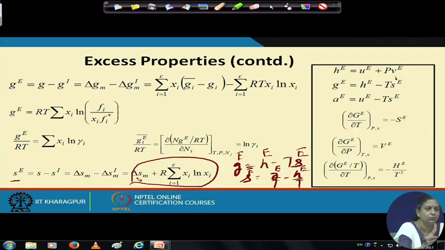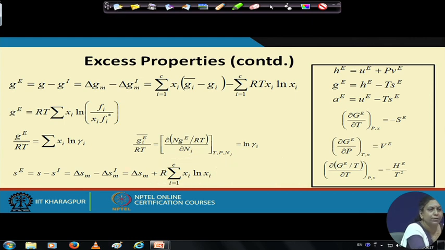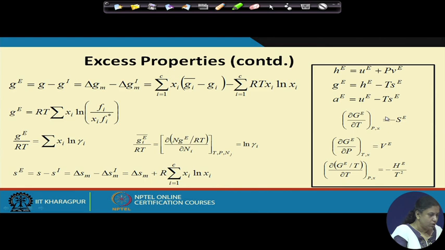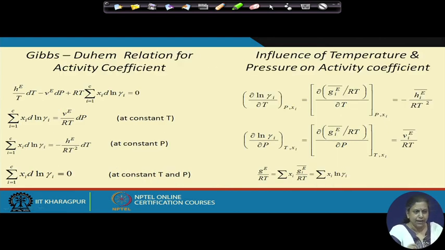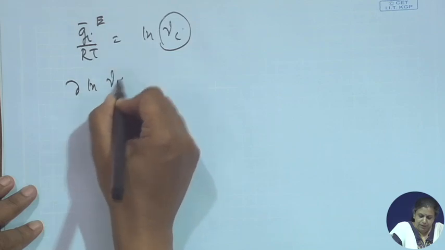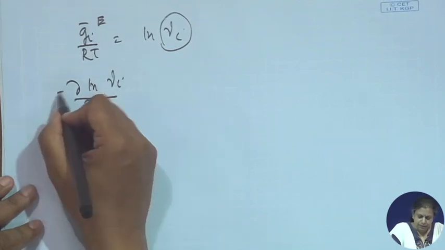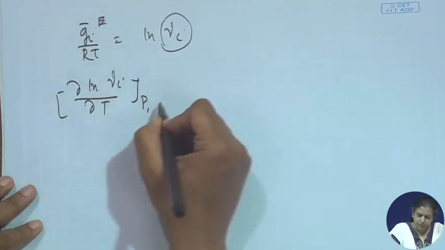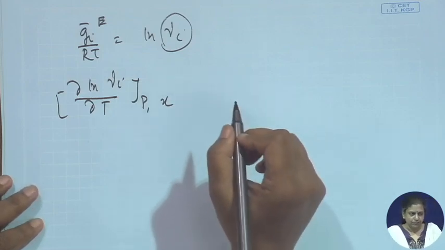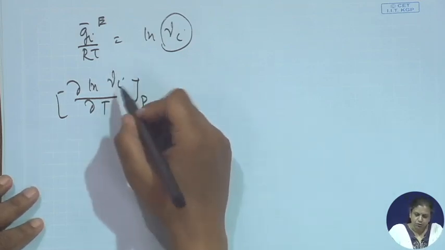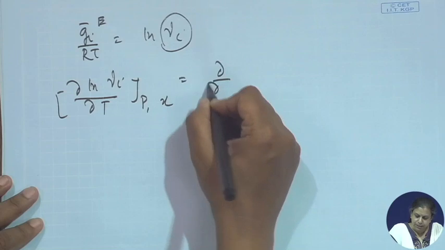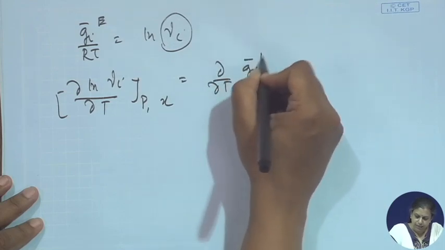Let us see how gamma varies with temperature, pressure, composition, etc. Just try to do it yourself and then see what you get. Suppose you try to find out del ln gamma i by del T, right, at constant pressure and composition. What is this equal to? You already know what ln gamma i is. It is nothing but equal to G i bar E.